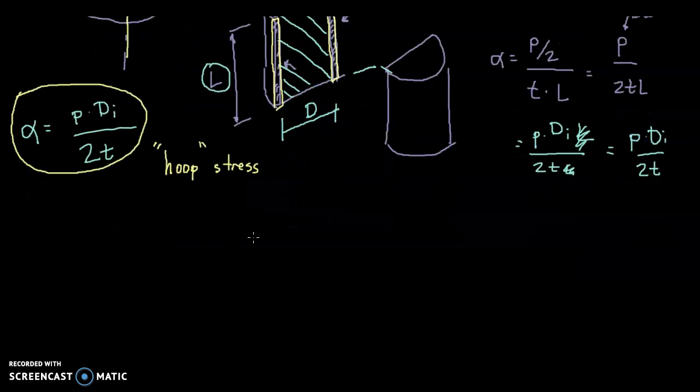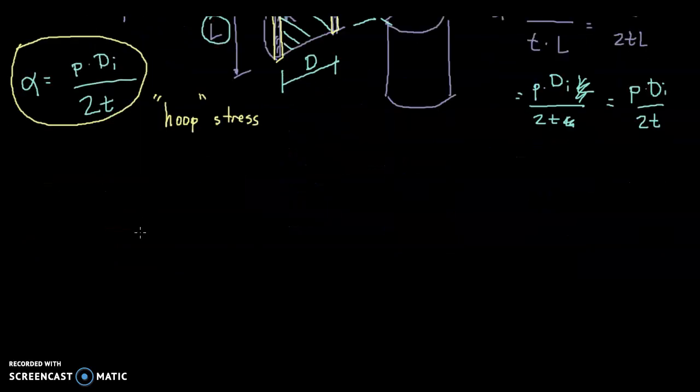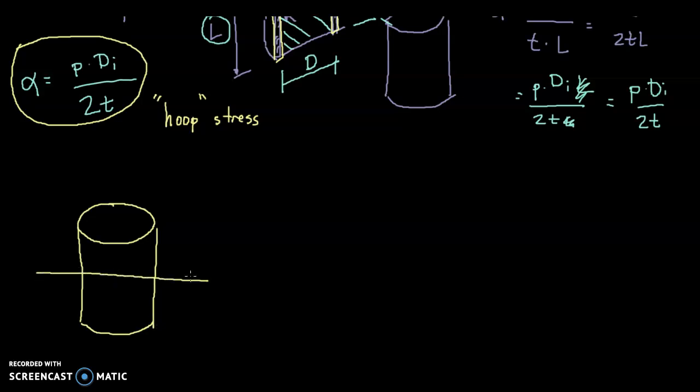Now let's scroll down here. I'll redraw a new cylinder. And let's imagine the other way in which we can slice through a cylinder, through its center, and that's horizontally. If we do that, we end up slicing through a cross-section that is a hollow circle, basically.